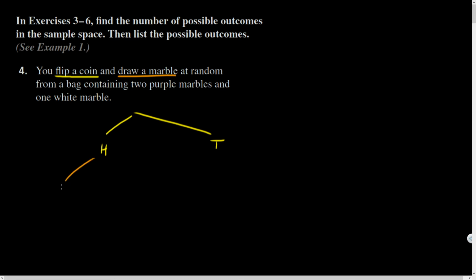And so notice there are 2 purple marbles. And so I'm going to have P, P, W: purple, purple, white. You could specify whether it's purple 1 or purple 2, but the only point of representing it this way is that it's twice as likely to draw a purple there.